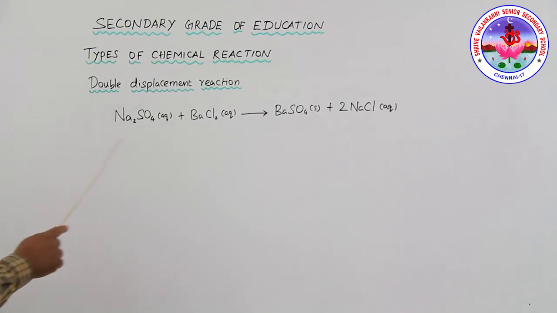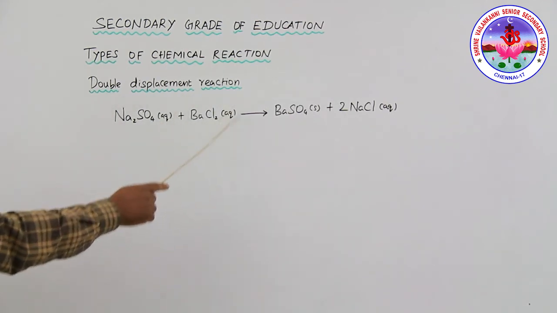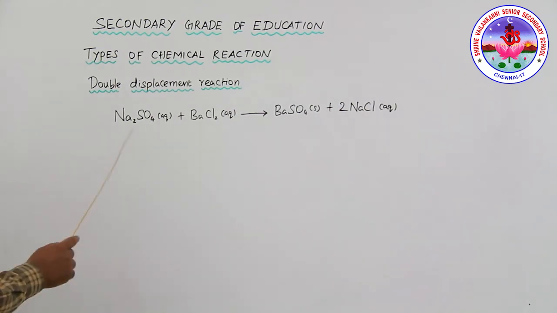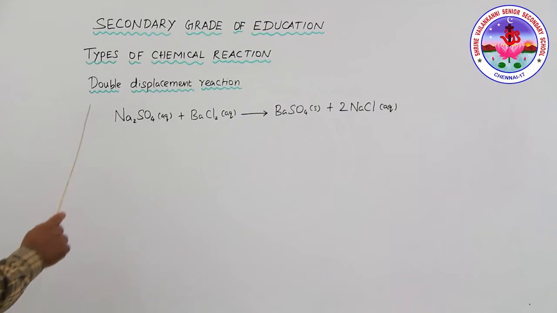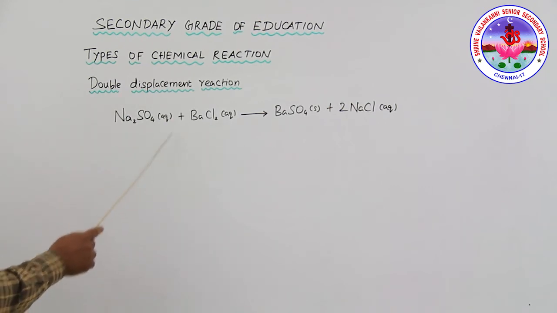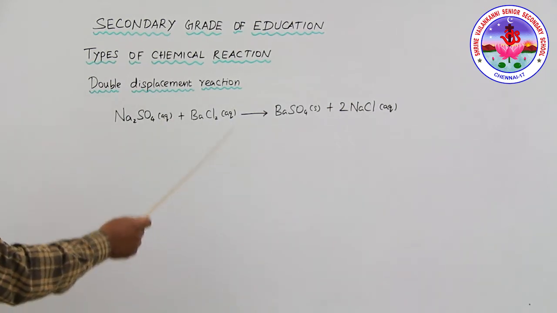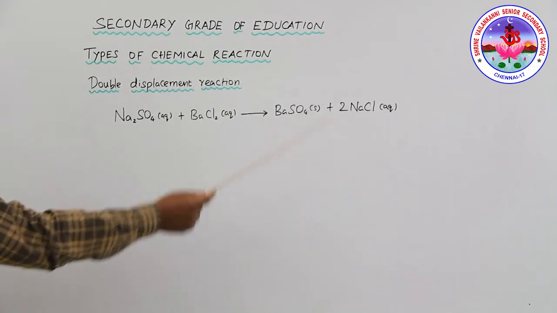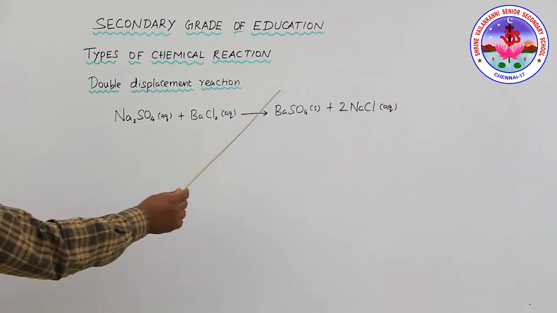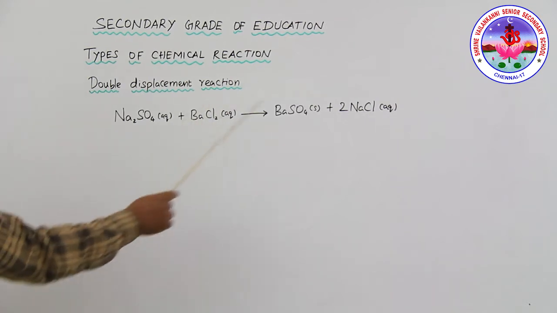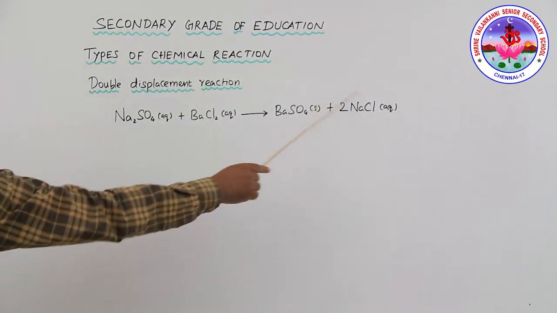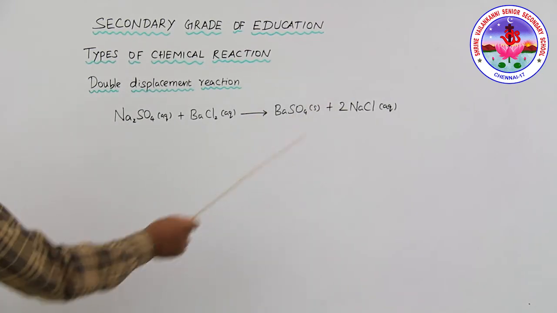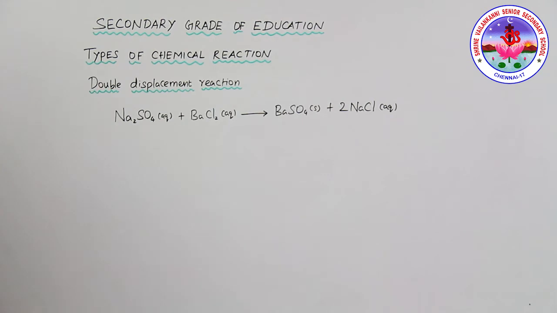The sodium sulfate is a clear solution and the barium chloride is a clear solution, both colorless. Now when sodium sulfate is mixed with barium chloride, it converts to barium sulfate and sodium chloride. The barium sulfate is in solid form, and solid form means precipitate form.